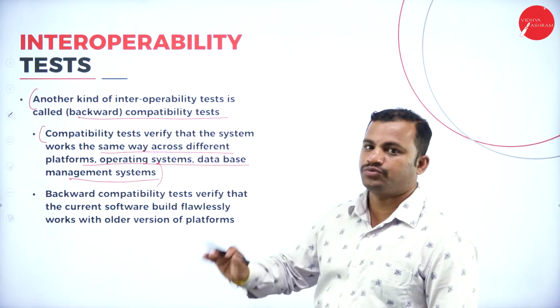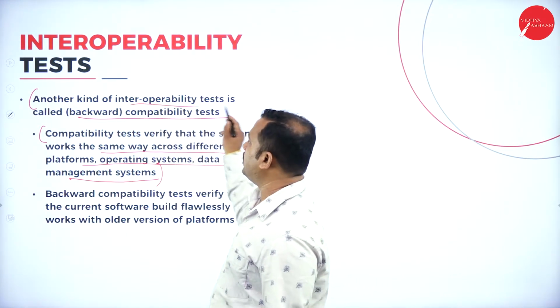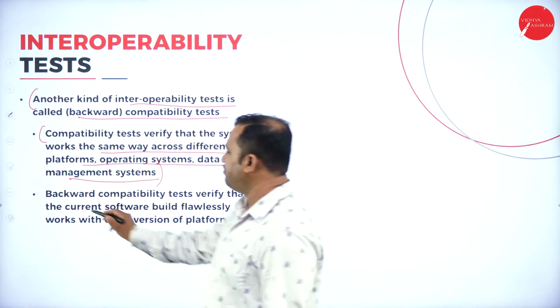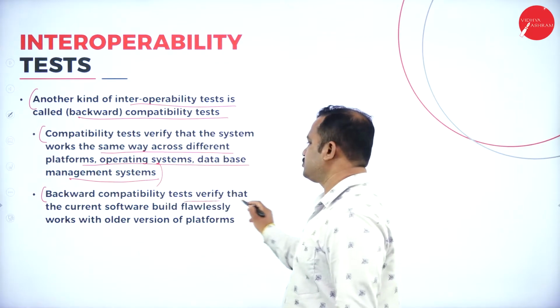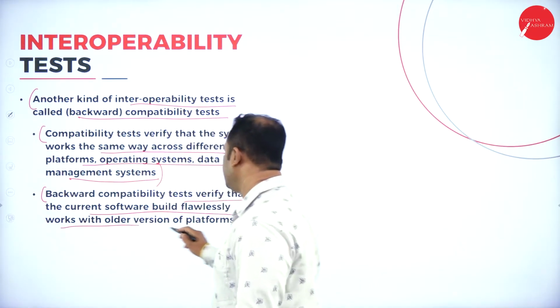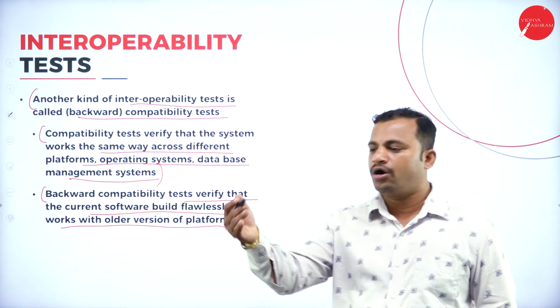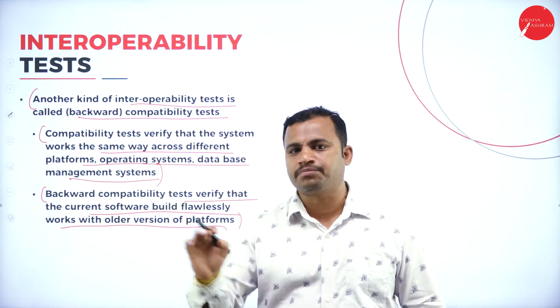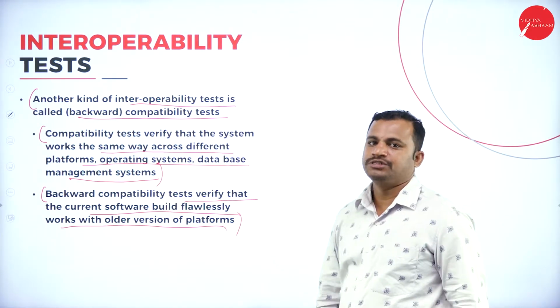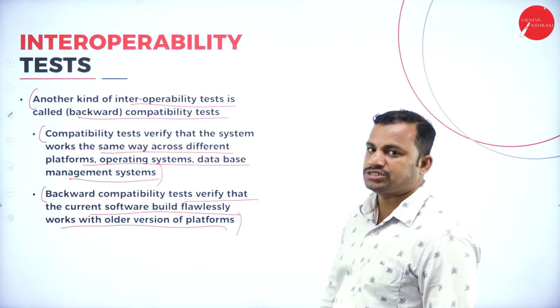It has to work properly on different platforms. That is the meaning of interoperability tests. Backward compatibility tests verify that the current software build flawlessly works with older versions of the platforms. That means it can be either upgraded or downgraded so that it works properly with accurate performance of a system. That is called the backward compatibility test of software.